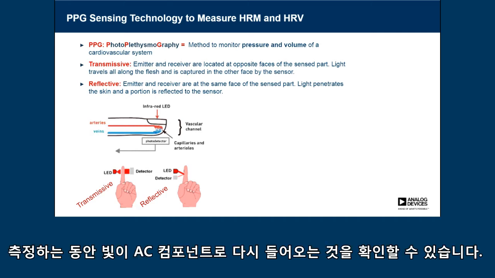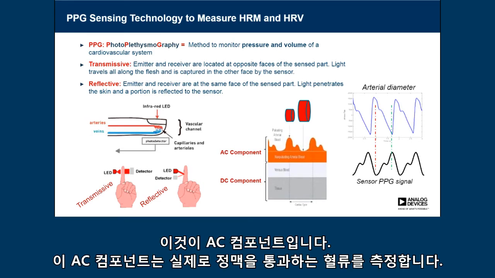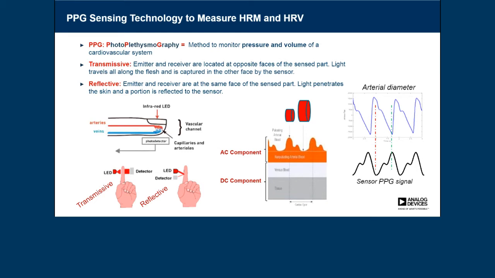While you do the measurement, you will see, of course, a DC component from the light coming back, and on that there's an AC component. The AC component is actually a measurement of the blood flow traveling through your veins, and that's what the PPG signal looks like.